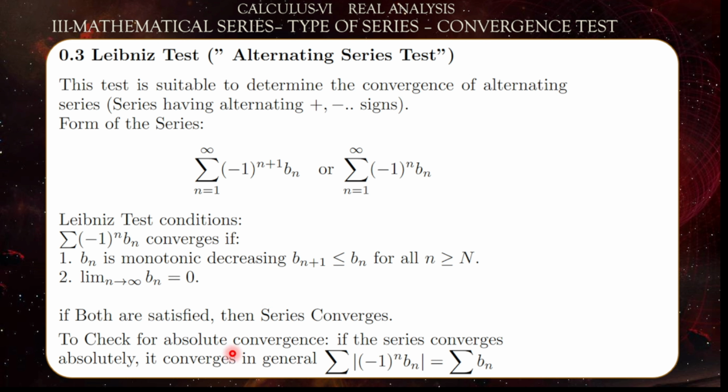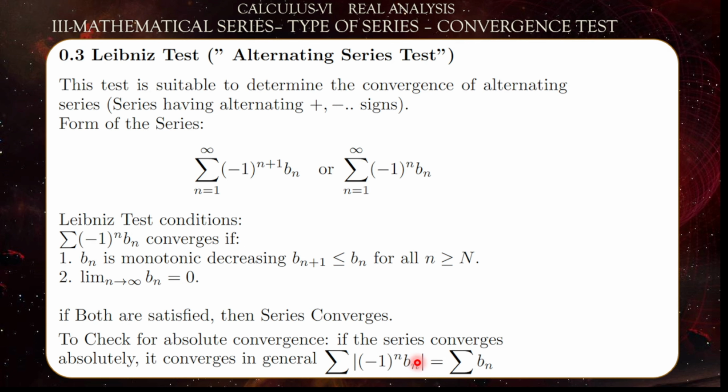To check for absolute convergence, because so far, if it meets the Leibniz test criteria, it converges in general, we should test the convergence of sigma of the absolute value of minus 1 to the power of n bn. In this case, it would be the series of bn, because minus 1 becomes plus 1.